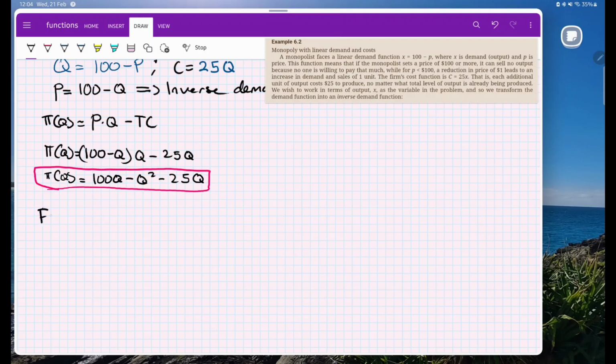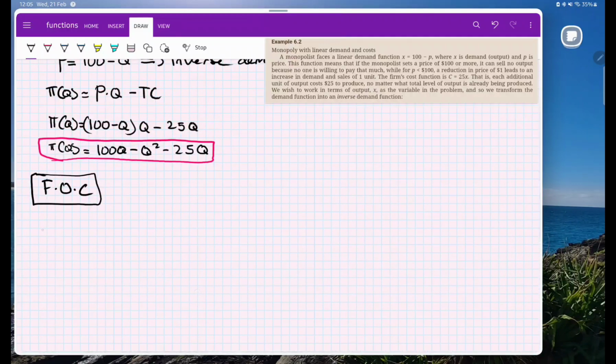So you're going to take your first order condition, which simply means take the first derivative, which will equal 100 minus 2q minus 25.